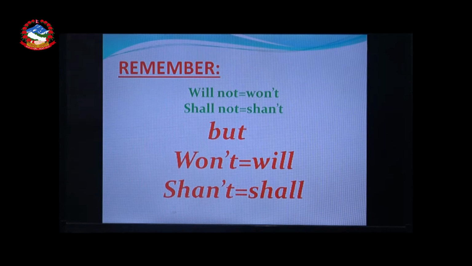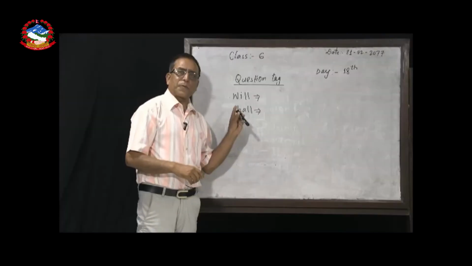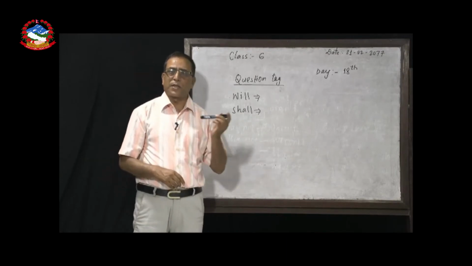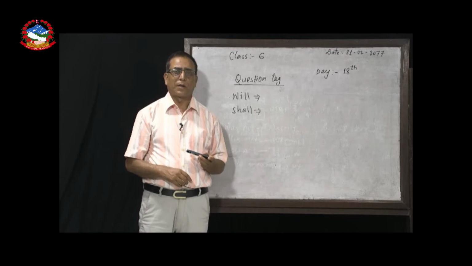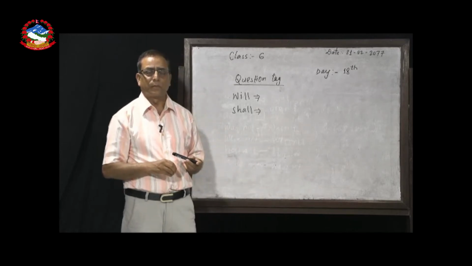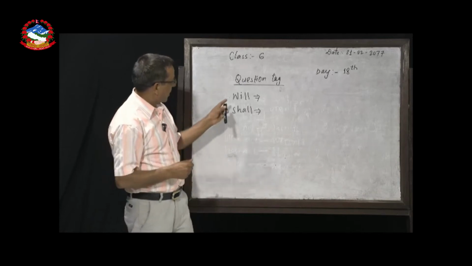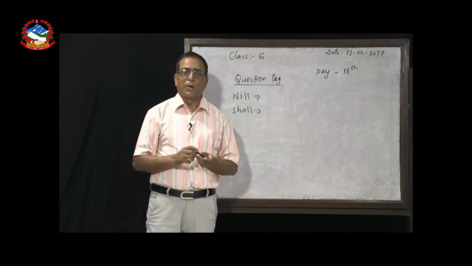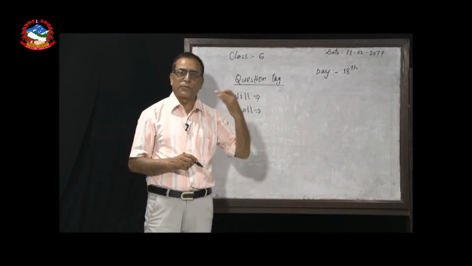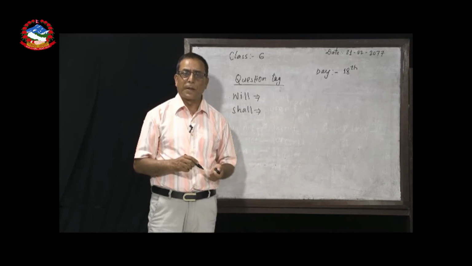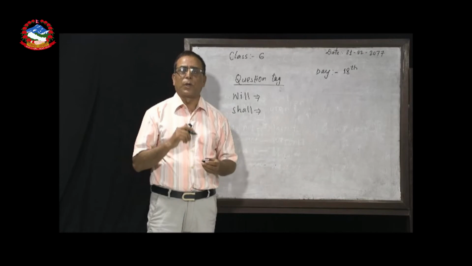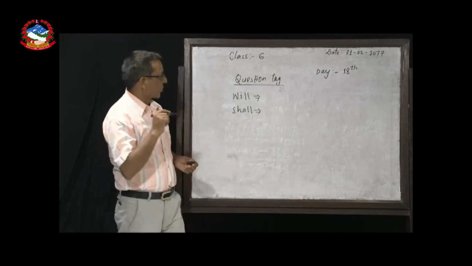Then what is the subtracted form of "will not" and "shall not" in future? Listen carefully, students. I am going to make you clear that will and shall are the auxiliary verbs used in the simple future.